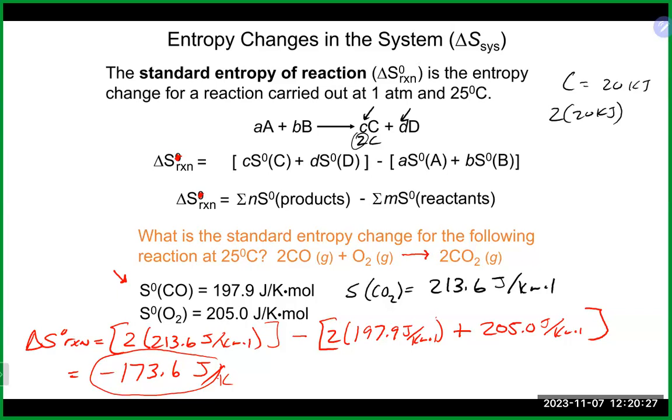We can actually make a prediction based upon what we see in the equation to know whether we should have ended up with a negative or a positive value. We can do that by looking at how many gas molecules there are. On the reactant side, there are 3 gas molecules.